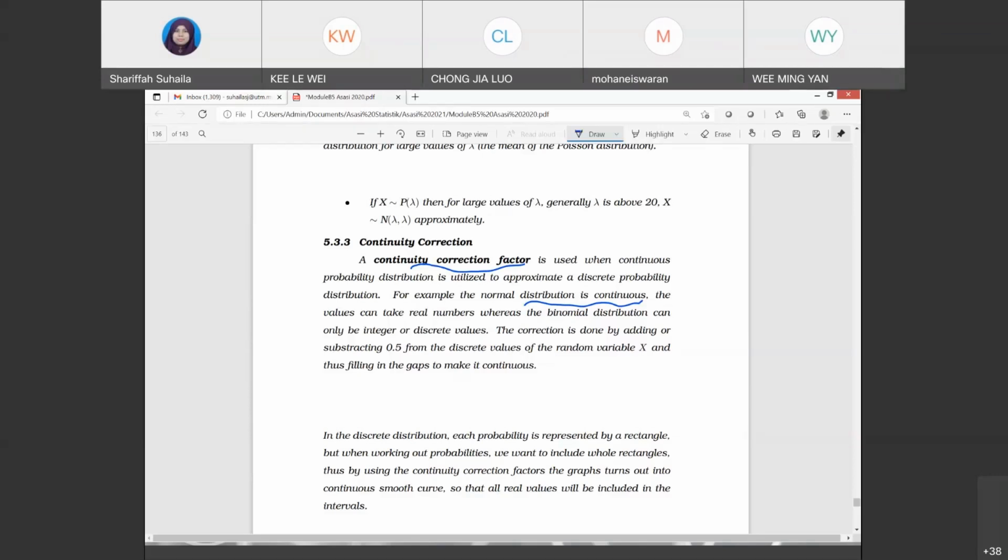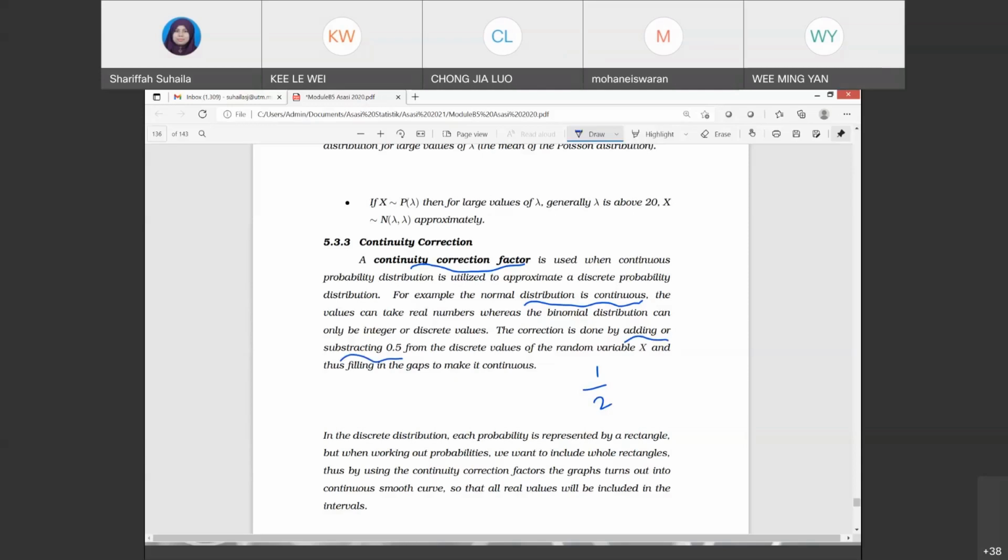So the correction factor is done by adding or subtracting 0.5, or half, from a discrete value of the random variable x, and thus filling the gaps to make it continuous.